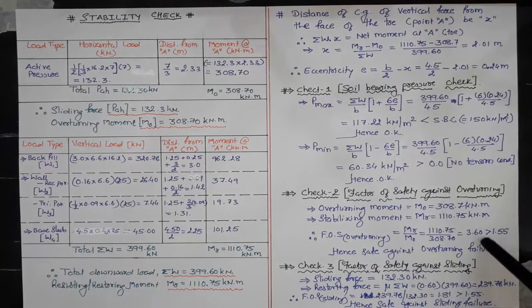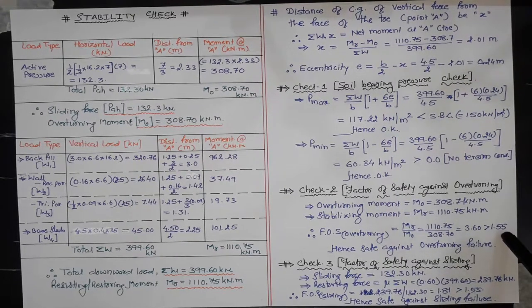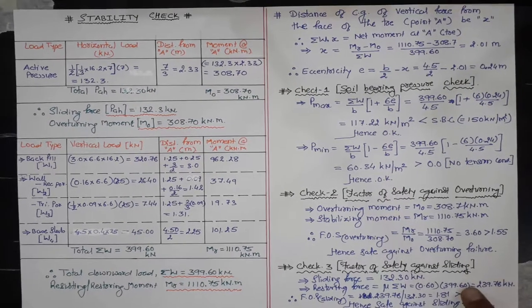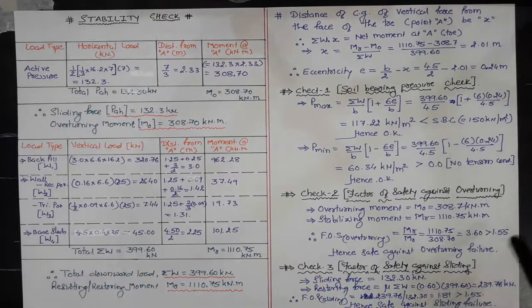This 1.55 is the limiting condition given in clause number 20.1, page number 33 of IS 456-2000. Since our factor of safety, 3.6, is greater than 1.55, we are safe against overturning.